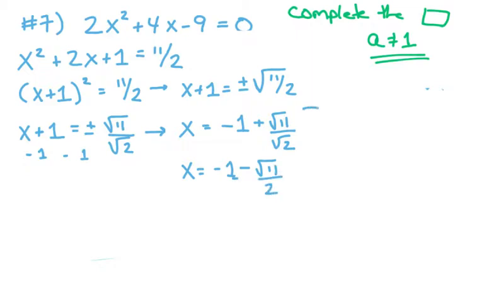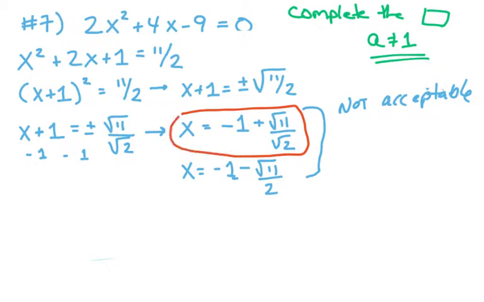Now, these are not acceptable answers. We want one term. So if you try to enter that in WebAssign, it's going to say, nope. So let's look at this one. What do we need to do? We need to get a common denominator of, first, the square root of 2.